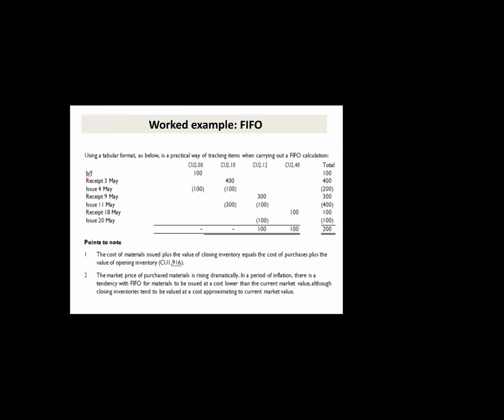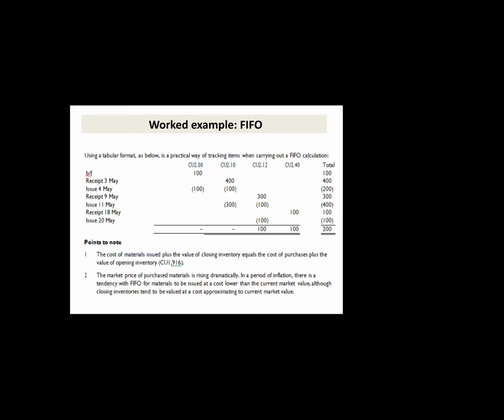Under FIFO method, a few points you have to note: the cost of material issued plus the value of closing inventory equals the cost of purchase plus opening inventory. They would be the same.